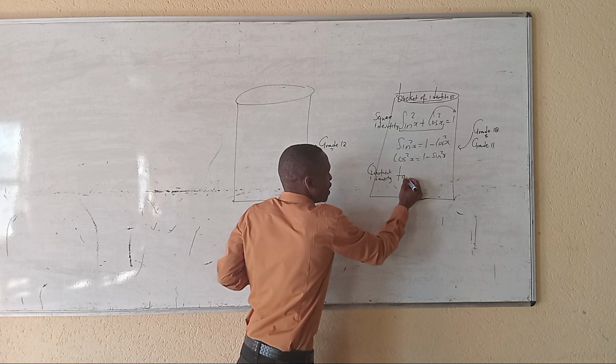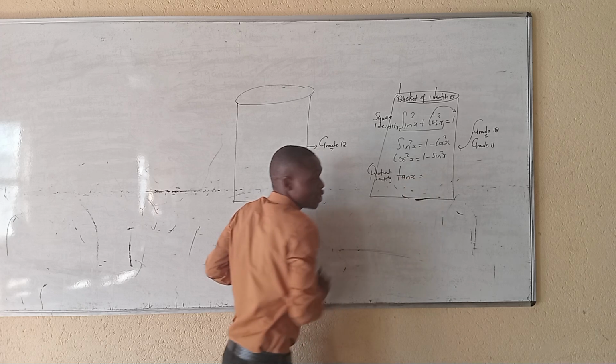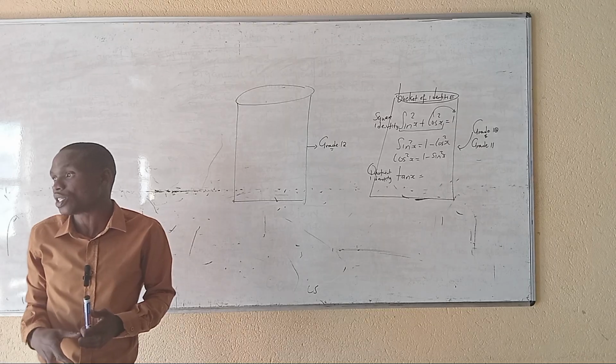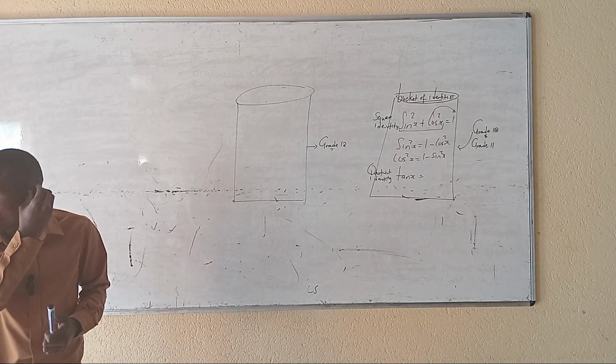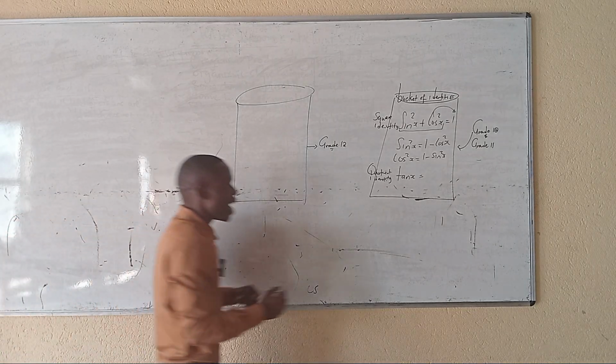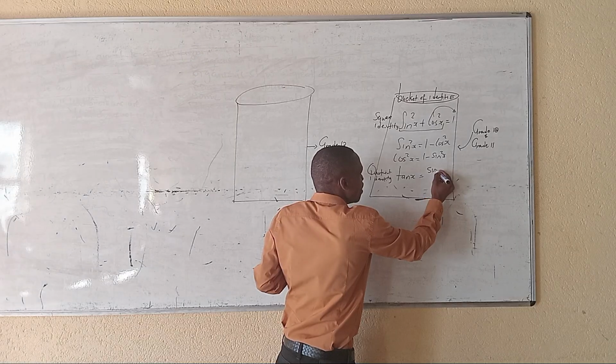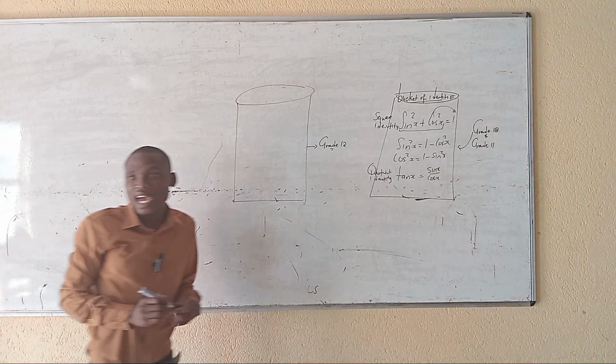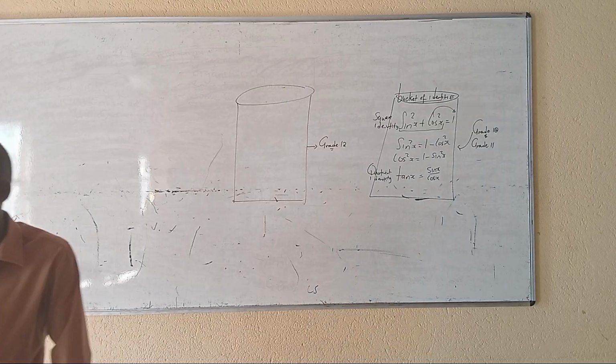Tan x, please write these identities down. If you are struggling with trigonometry, you need to know these identities. Tan x is equal to what? Sin x over cos x. It is called a quotient identity.